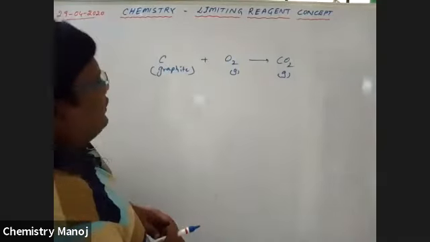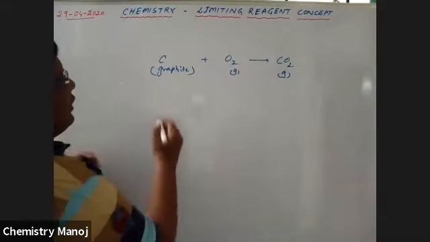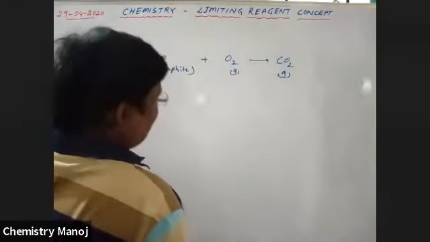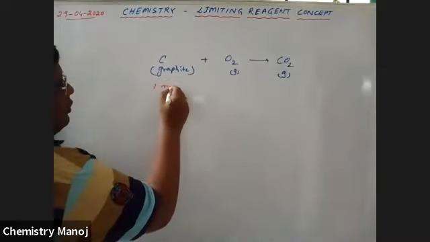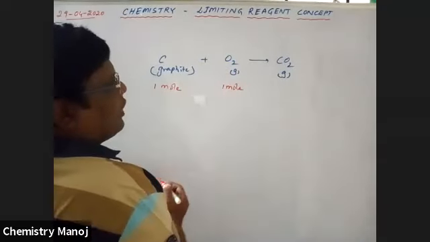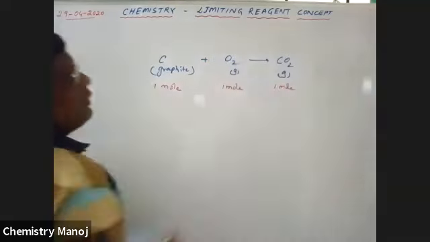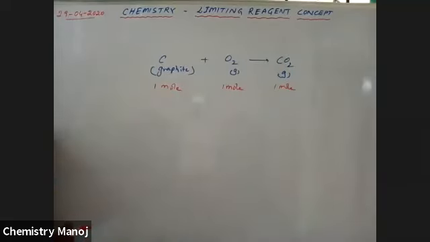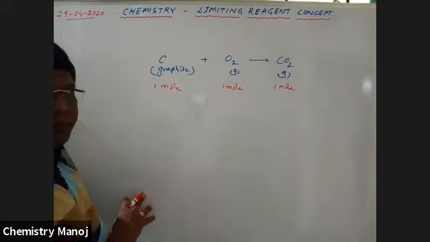So from this stoichiometric equation, 1 mole graphite reacts with 1 mole oxygen that liberates 1 mole carbon dioxide. This is the stoichiometric equation.